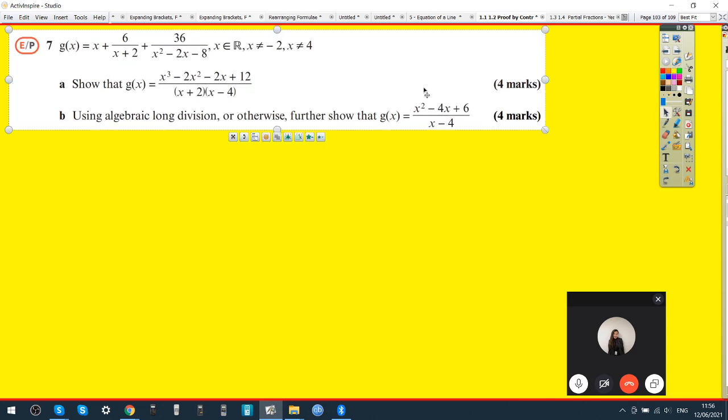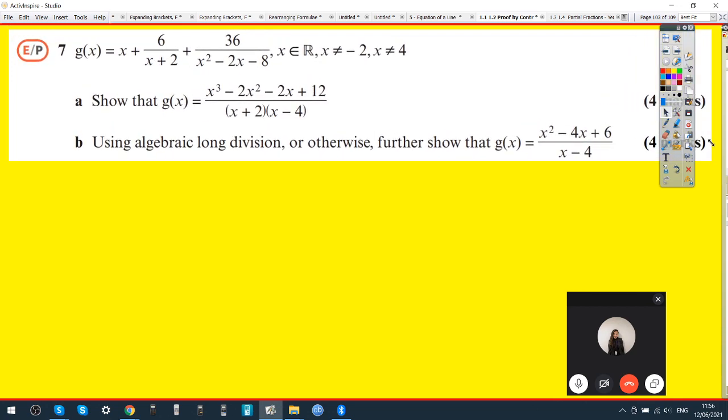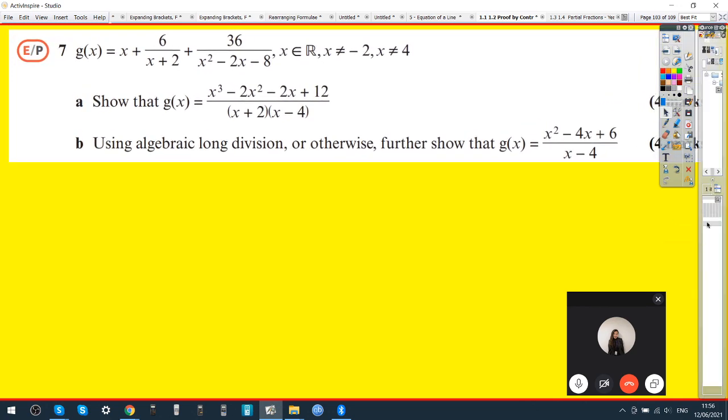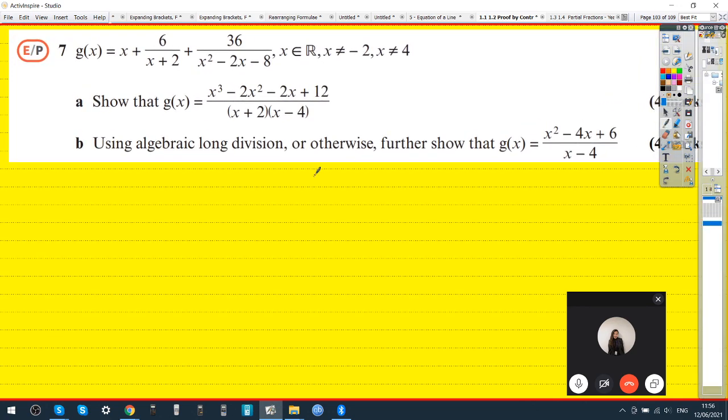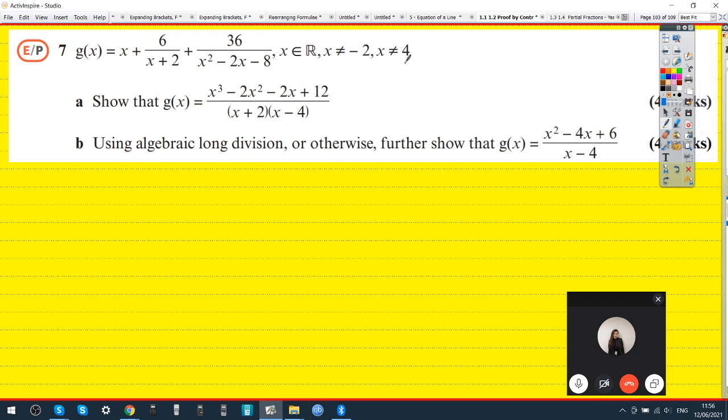So what would happen to the one on the right for this one? You can solve as a quadratic first. The denominator there, that's 36. That is x minus 4 and x plus 2.